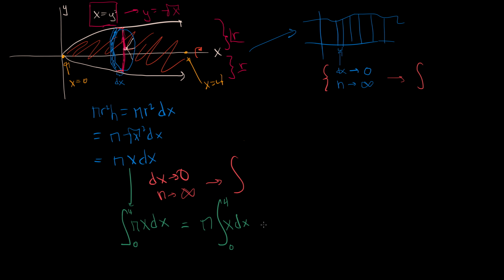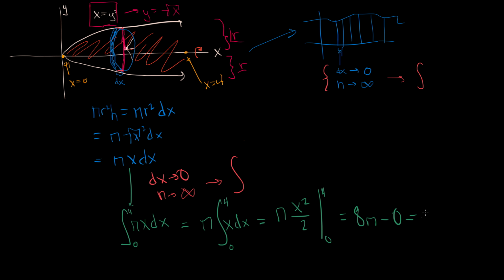And fortunately, we're in a scenario where we don't really have to worry about integrating this, because it's a simple thing to integrate. So this just comes out to pi x squared over 2. We're evaluating that from 0 to 4, of course, and that gets us 16 up here, 16 over 2, 8 pi, minus 0.